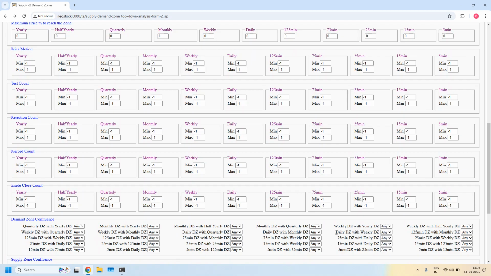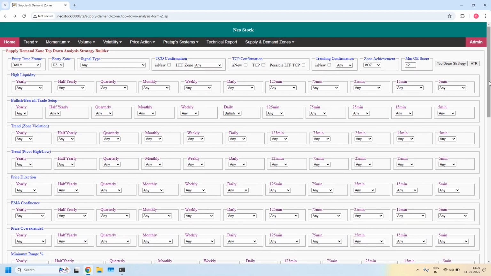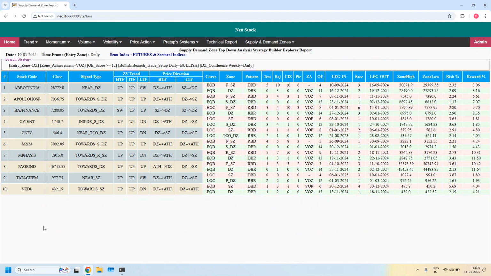So I am adding the filter daily demand zone with weekly demand zone confluence. Daily is LTF, weekly is ITF. So that's why daily demand zone has confluence with weekly demand zone. I enabled the filter. This filter is applied to the 13 stocks we filtered earlier. Now the list comes down from 13 to 10 stocks.